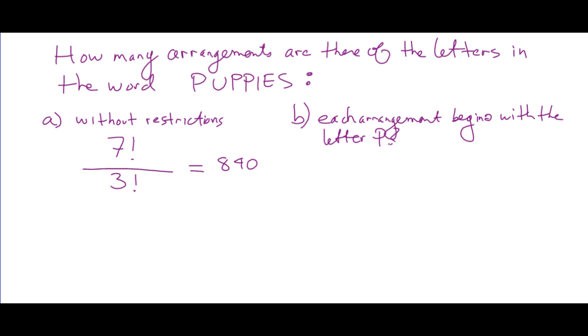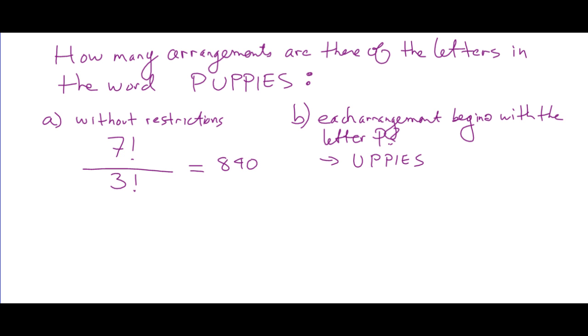So really what this question becomes then is, how many arrangements are there of the letters U, P, P, I, E, S, right? So really you can just toss out the P. That P is gone. It's like I've got 7 friends lining up for the water fountain, but Jill has to be first. Okay, then take Jill out of it, now I've got 6 people.